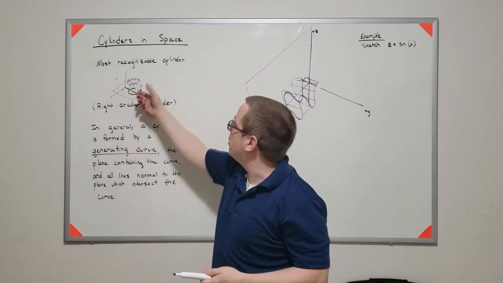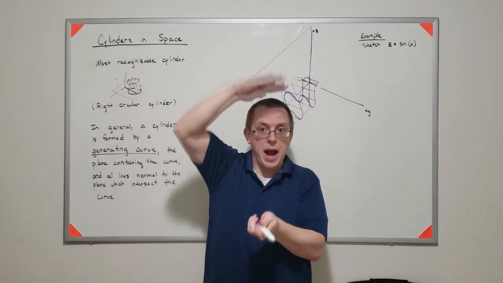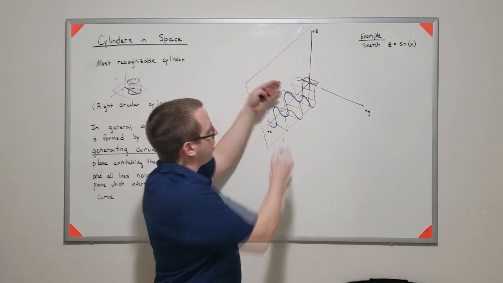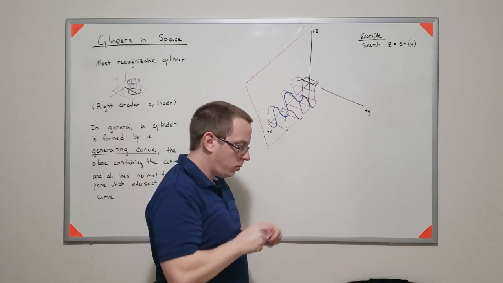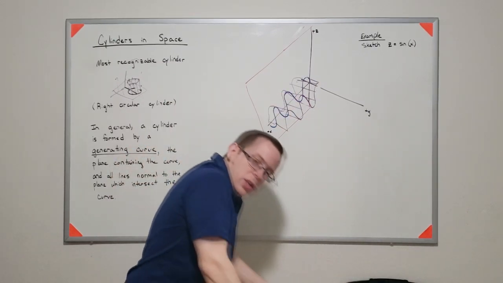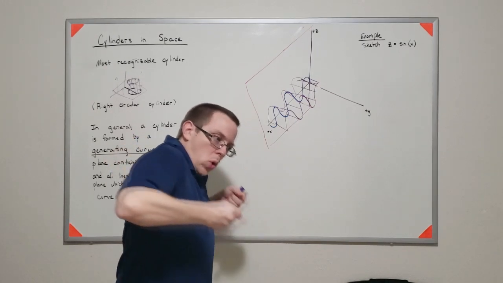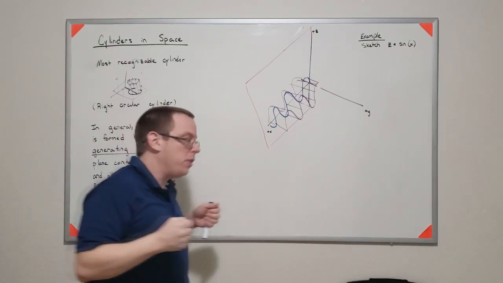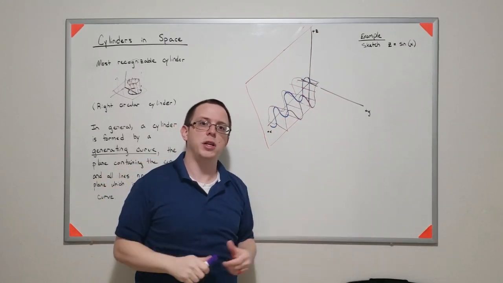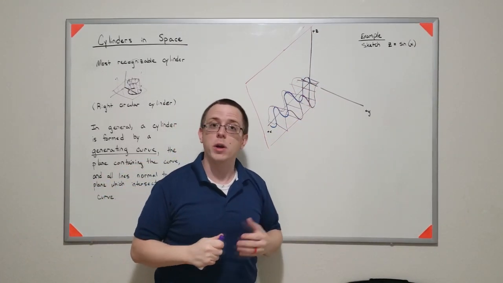So similar to how this is just a circle stacked on top of each other, you can think of this cylinder here being, it's almost like if it was in a plane and you grabbed it and you just extended it, you pulled it out of the plane. I'll pull this out of the plane and stretch it into a sheet. That's the idea of a three-dimensional cylinder.